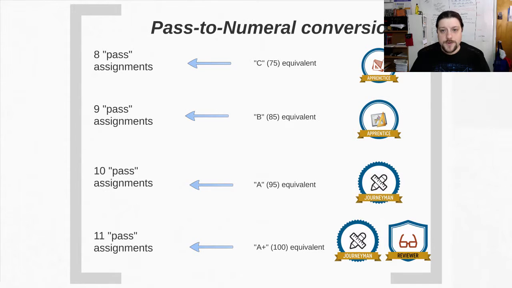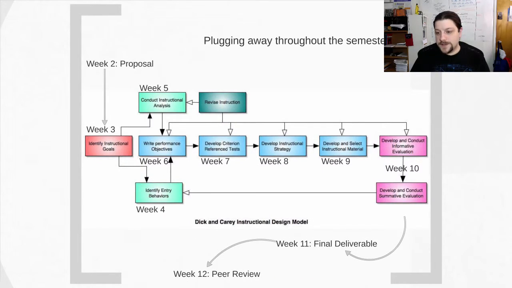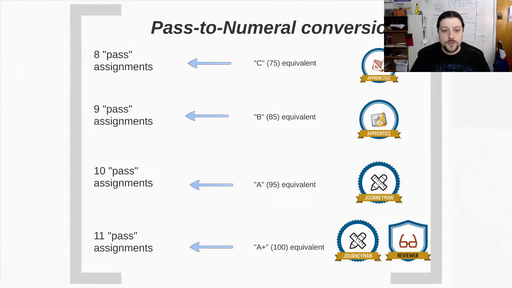If you want to look at the numerical conversion, so if you get 8 passed assignments, so that is 8 out of these entire 12 stages, you will earn a C. If you get 9 passing, you get a B. If you get 10, you get an A. And then if you do everything, and the final pass would be the reviewer stage, you would get 100.